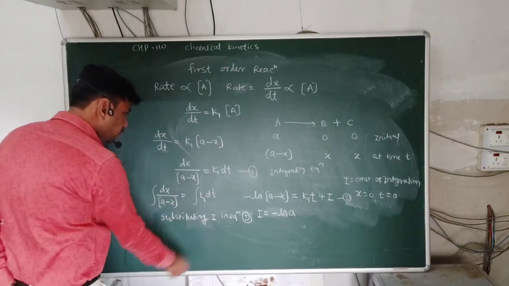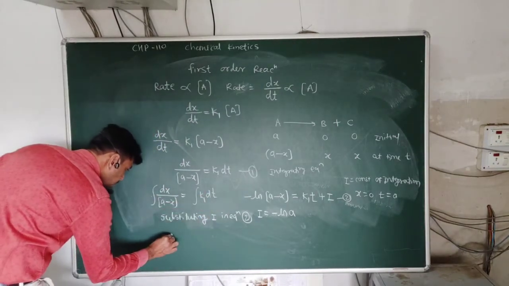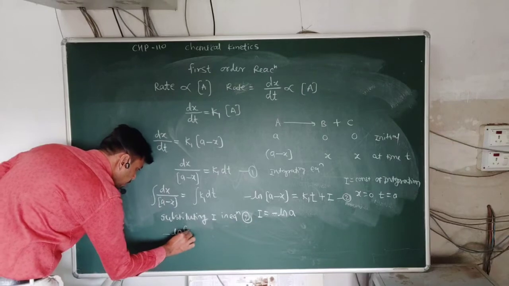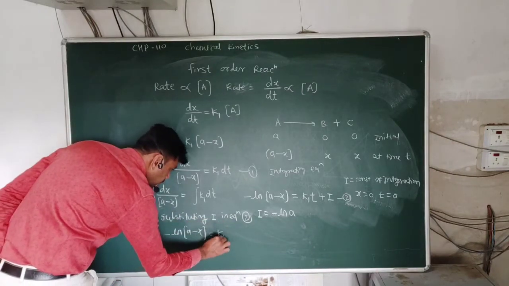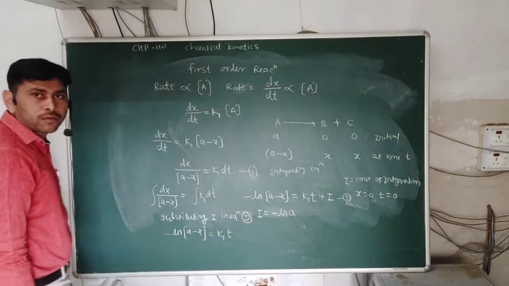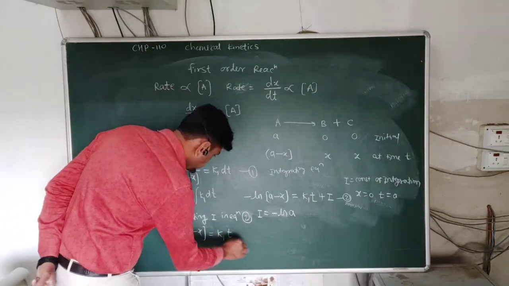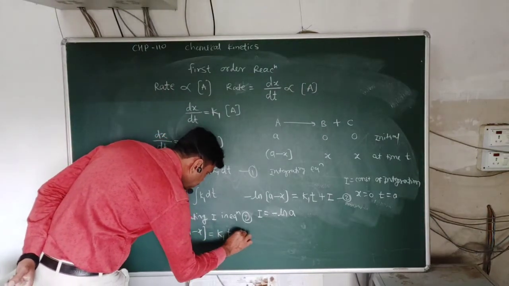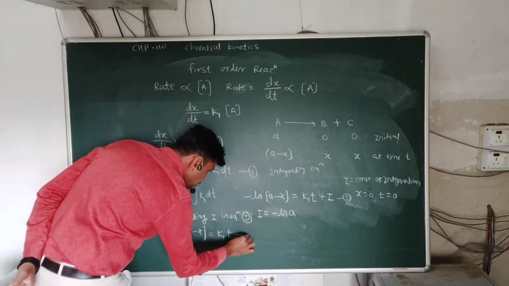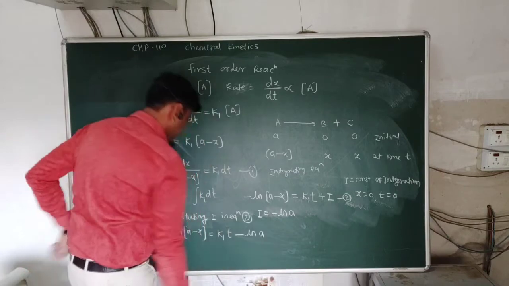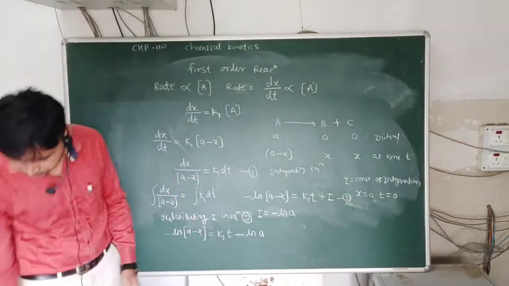After substituting the value, we get minus ln (A minus x) equal to k1 into t, minus ln A. So we get this equation here.